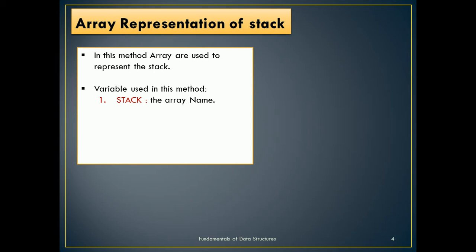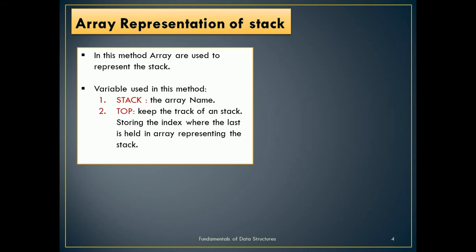The first variable is stack, which is nothing but the name of the array. The second variable we require is top. The top variable keeps track of the stack, storing the index where the last element is held in the array representing the stack.